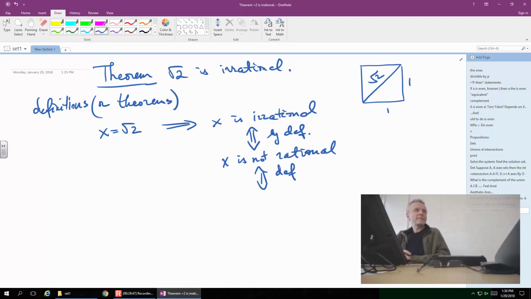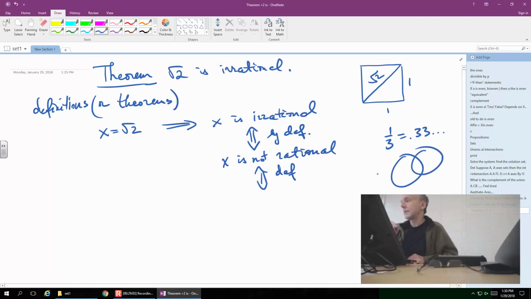If a number terminates, it's rational, but you can't say if it's rational, then it terminates. Once again, 1/3 is a rational number, but it does not terminate. So that's a counterexample. We showed that there is an exception, and that's all it takes.